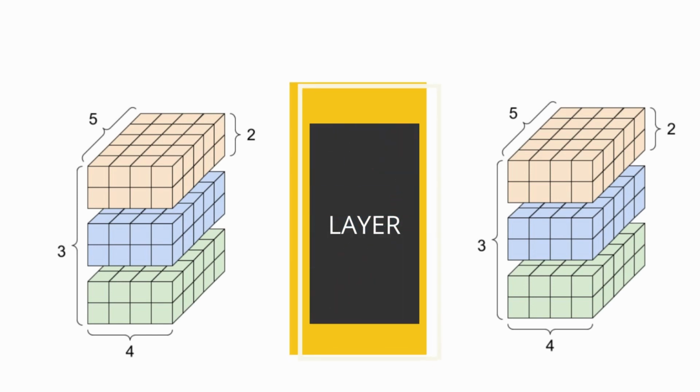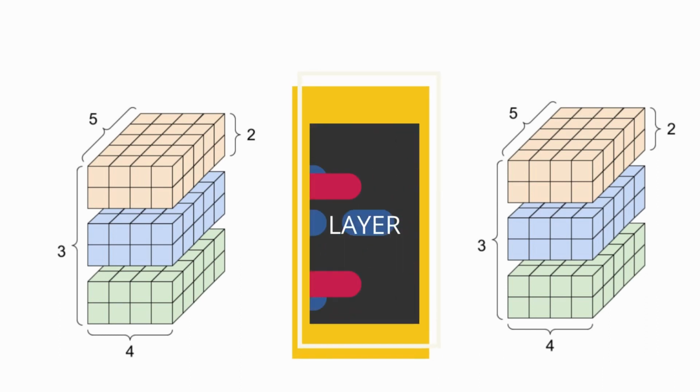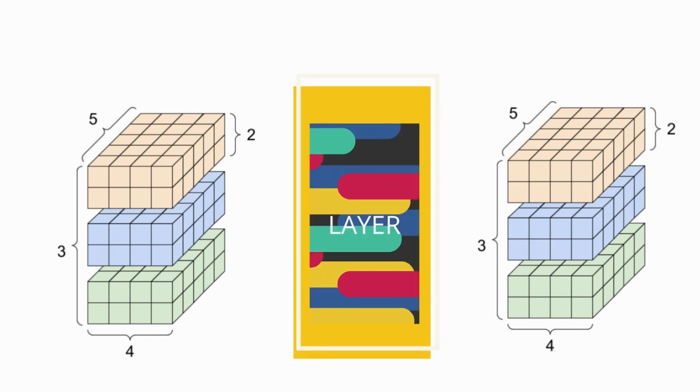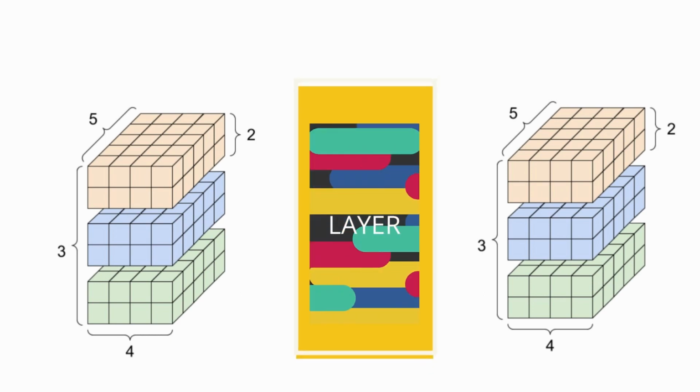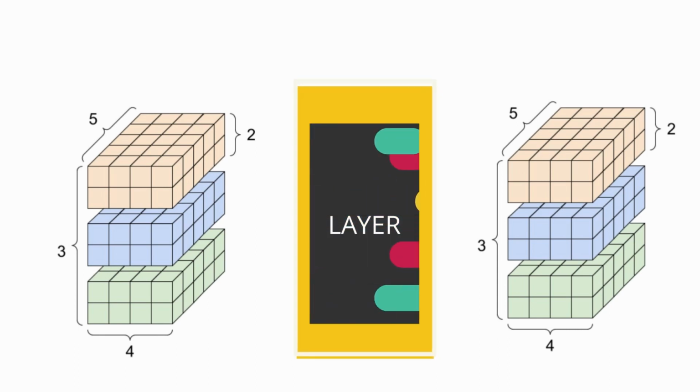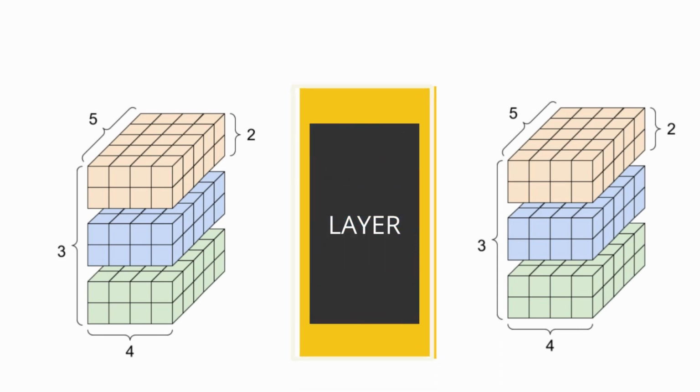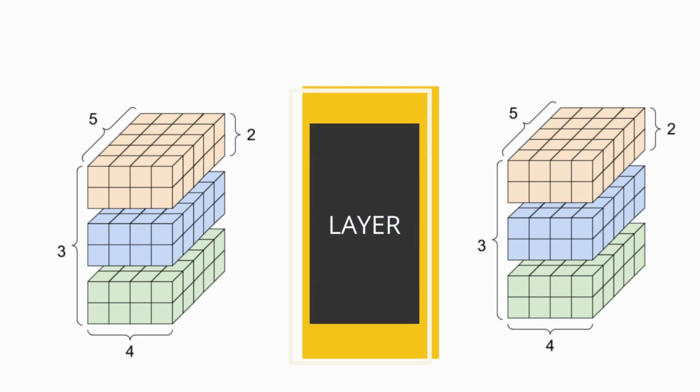You can add layers, you can stack layers, you can play around with layers. You have pooling layers, you have dense layers, you have embedding layers, you have convolutional layers. You can define a variety of layers, and I think close to 100 different types of layers are already defined for you in Keras. So you just call the specific layer, and the layer is doing exactly the mathematical operation you're looking for, and it provides you with the result.